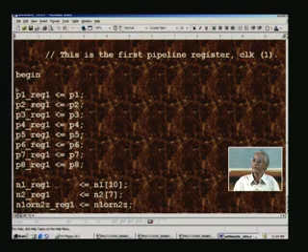So this is the pipeline register here. At every clock you will see a register within an always block at positive edge clock, and whatever comes within the positive edge clock always block will all be registers, and that is the reason why I have given a nomenclature like this. The 1 stands for the first clock, so that you can readily find out to which stage a particular signal belongs. These are all the partial products that we had using assign statements, and we will transfer them to reg 1 when the clock strikes.